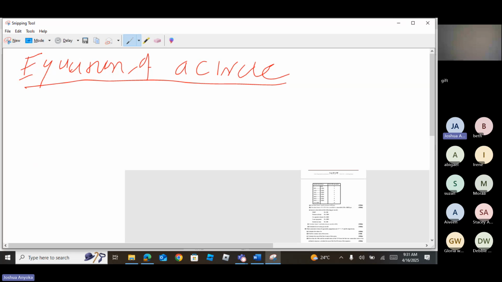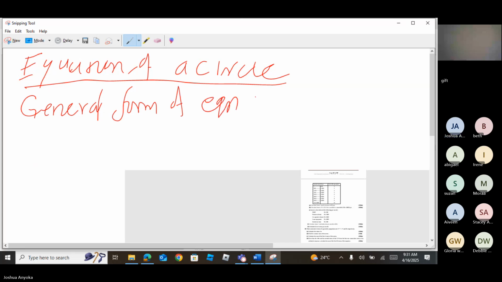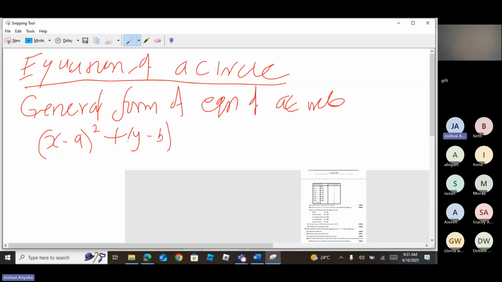What are we expected to master before we answer questions on equation of a circle? The first one is the general form of the equation of a circle, which says (x minus a) squared plus (y minus b) squared is equal to r squared, where the center is (a, b) and r is the radius.